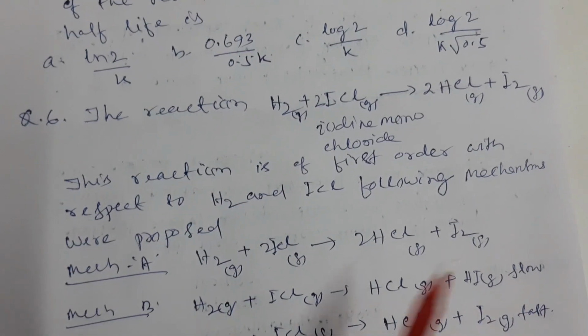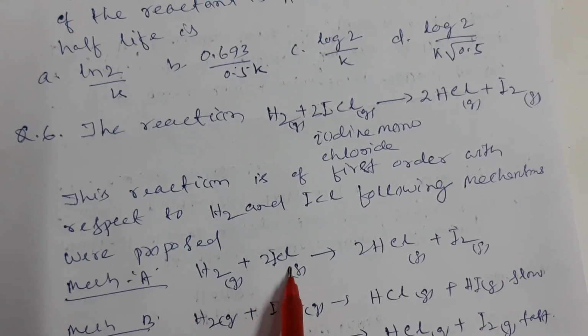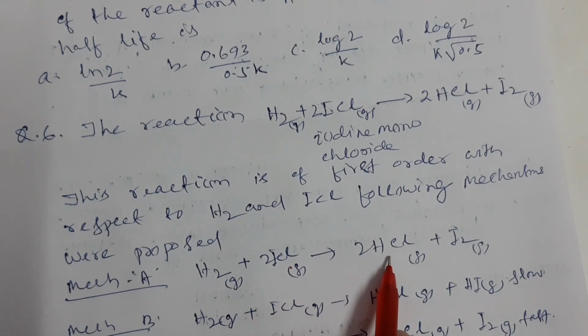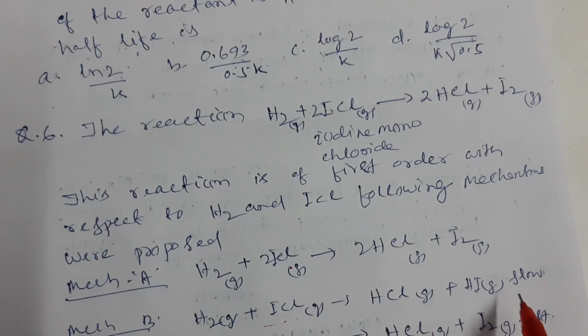First mechanism: H2 plus 2ICl giving 2HCl plus I2. Second mechanism: H2 plus ICl giving HCl plus HI, which is a slow step. Second step: HI plus ICl giving HCl plus I2.